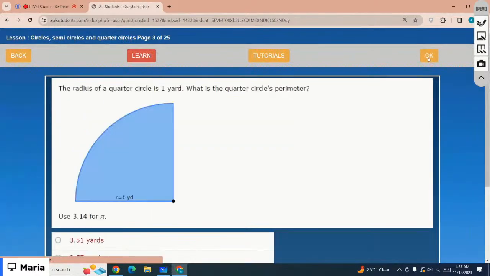Okay, the next one is, the radius of the quarter circle is 1 yard. What is the quarter circle's perimeter?